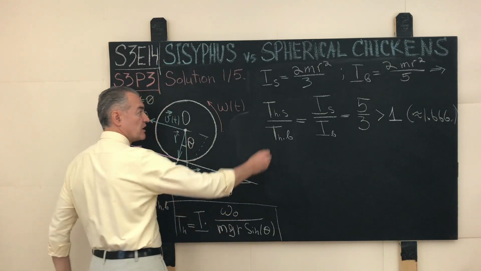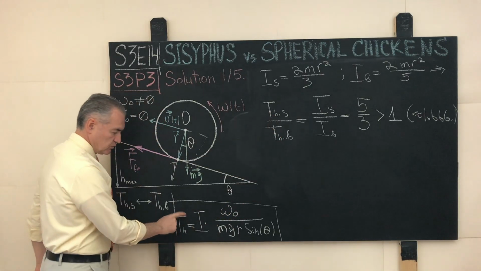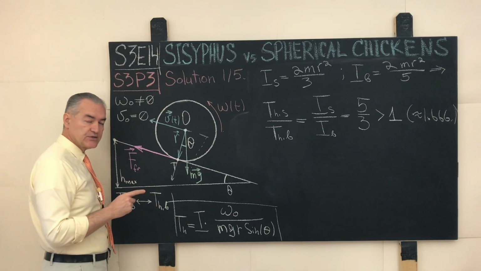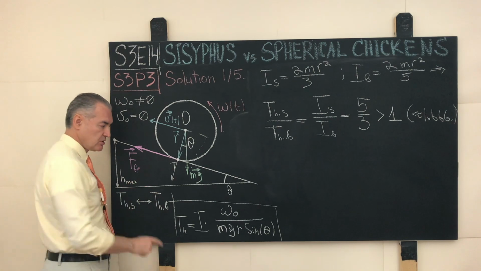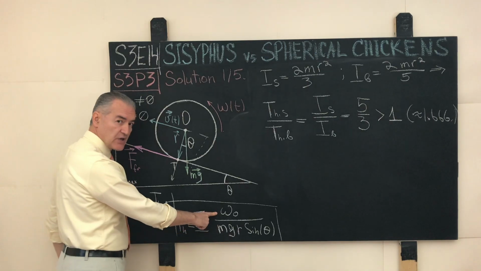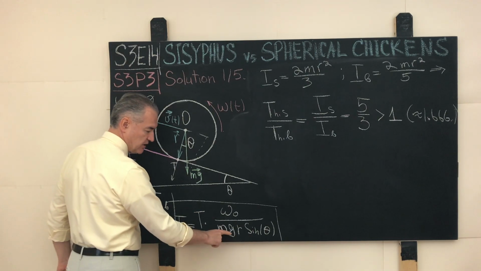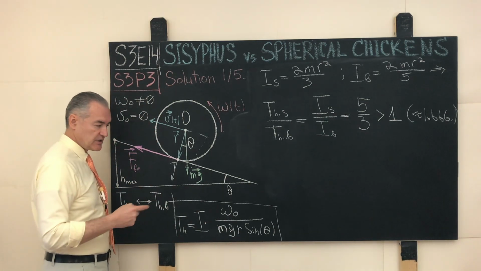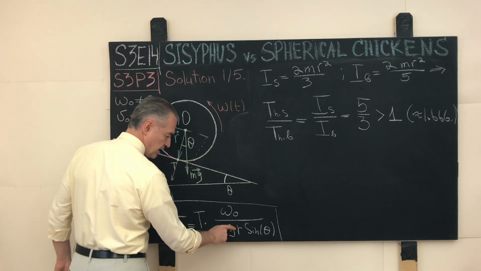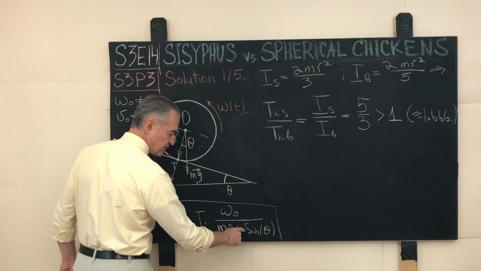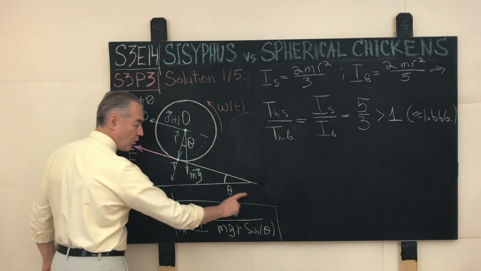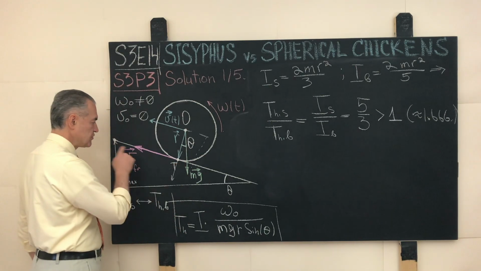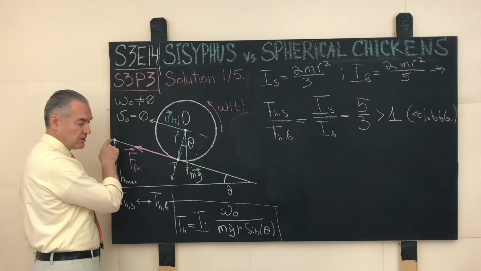And that means that if we construct the ratio of the times, all the material in our experiment that remains one and the same regardless of the quality of the object of revolution, the initial angular velocity omega 0, the mass m, the acceleration due to gravity g, approximately 9.8 meters per second squared, the radius r, the value of the sine of the angle theta, all this vanishes in the ratio of the times that it takes our objects to reach their highest point on the inclined plane.